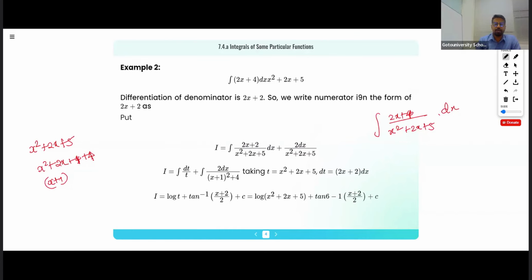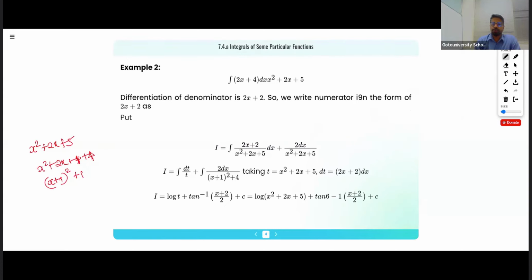Why 1 plus 4? Because only then can I see it as x plus 1 whole square plus 2 square. Now our problem becomes this. We need a lot of patience and observation here.